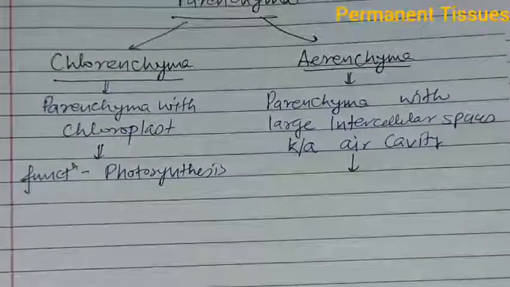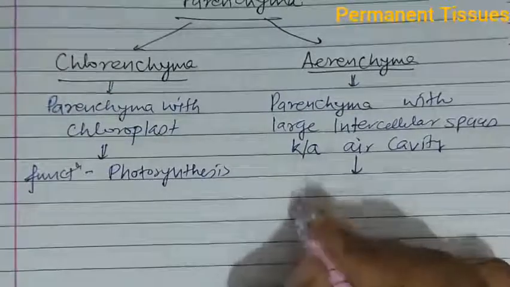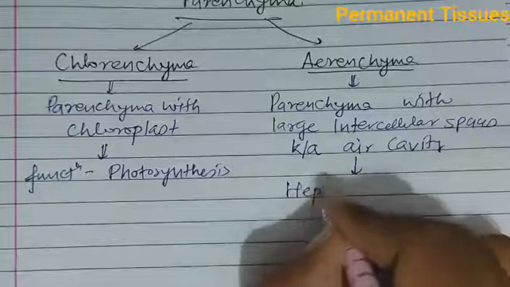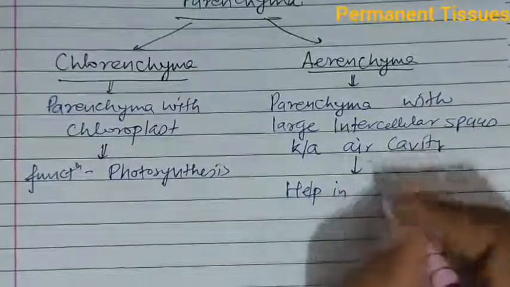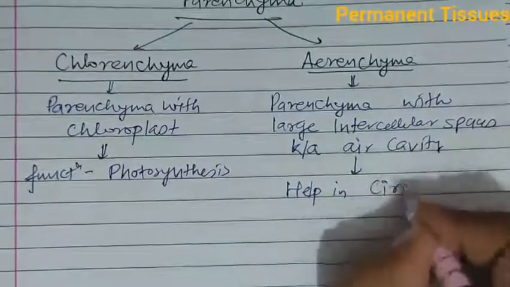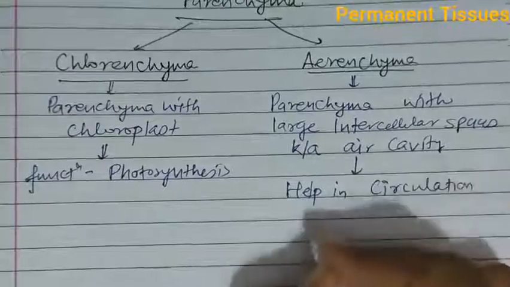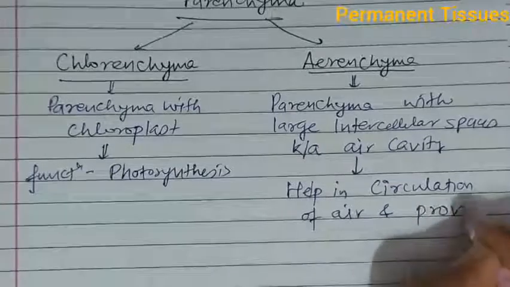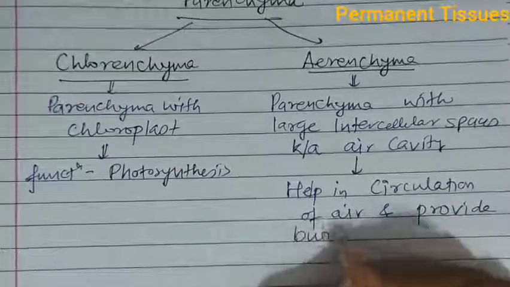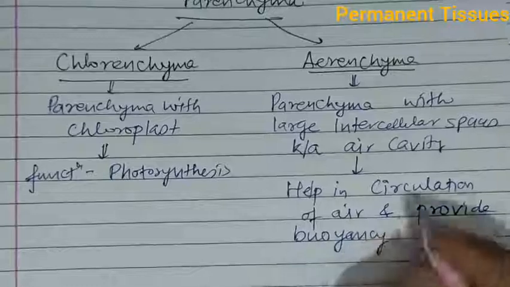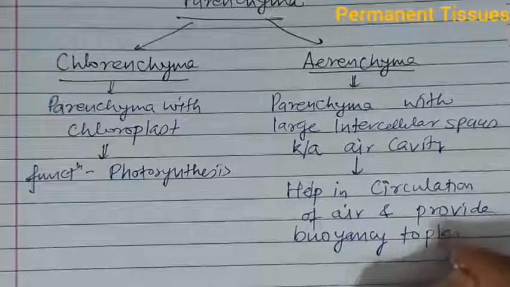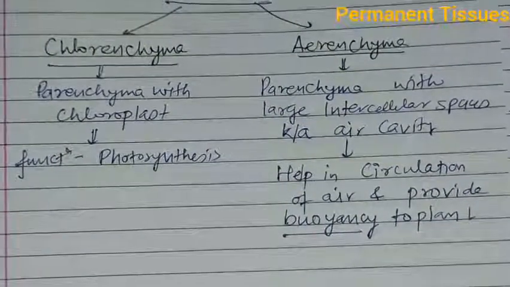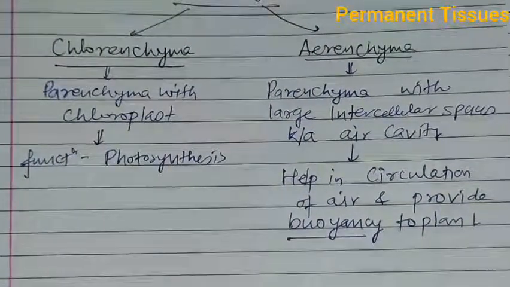They are known as aerenchyma, and their function is to help in circulation of air and provide buoyancy to the plant. Buoyancy is the ability to float, so it allows a plant to float in a water body, and that is due to the presence of this parenchyma.